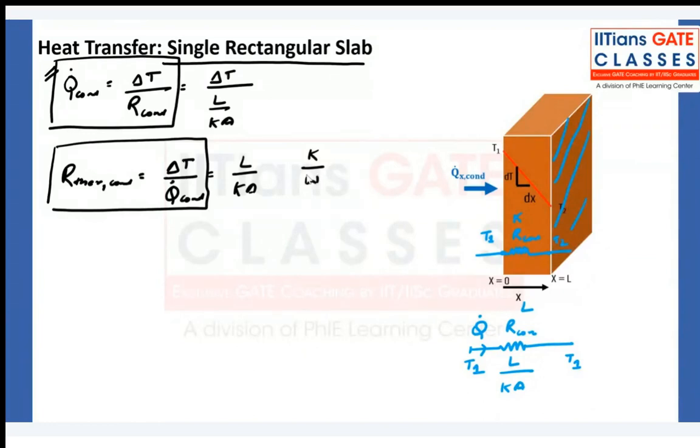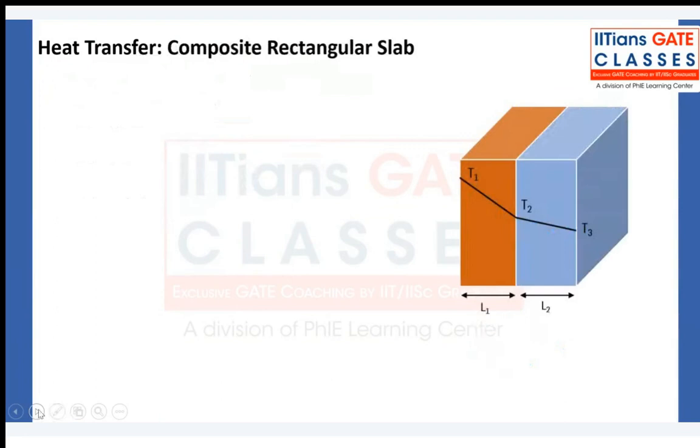Now what will happen if we have more than one slab and conduction and convection are happening together? Let's say there is a fluid flowing on this side. For example, air is flowing on one side, and some air is flowing on this side of the slab as well. And we have two slabs here, adjacent to each other.